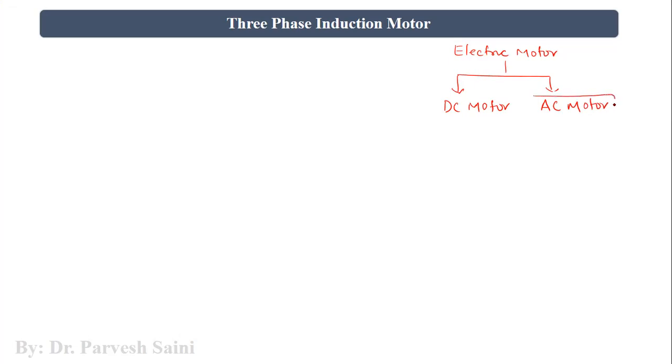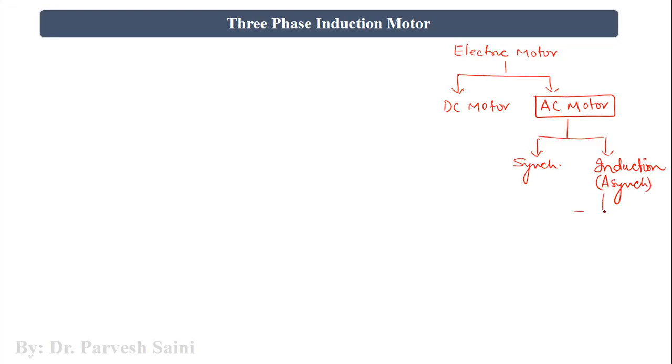Our purpose is to understand a motor which is part of the AC motor. In AC motor also we have synchronous and induction motor. It is also known as asynchronous motor.